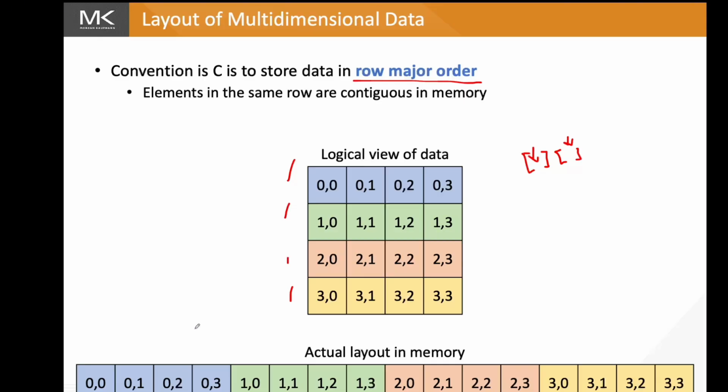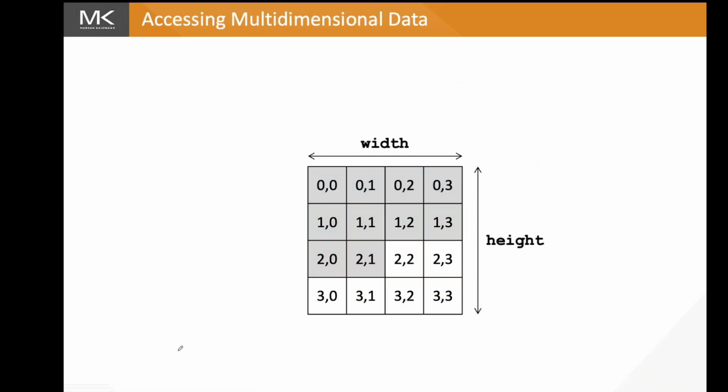But this kind of row major order allows you to allocate 2-dimensional arrays in C dynamically, right? And then you can store them as a 1D array. And for accessing these elements, you can simply work with the indices.